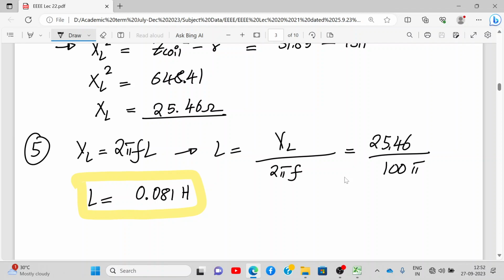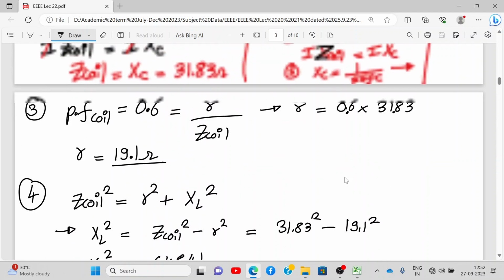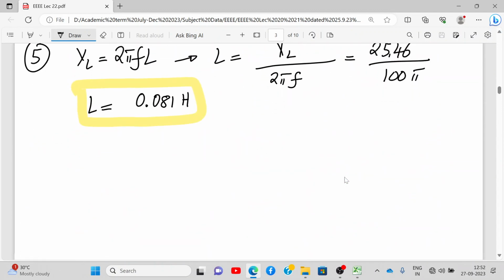Alright? Can we start with the next one? What numerical is this? Numerical number 4. Write down numerical number 4.